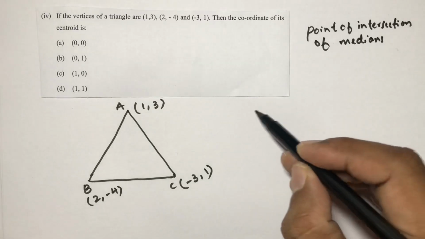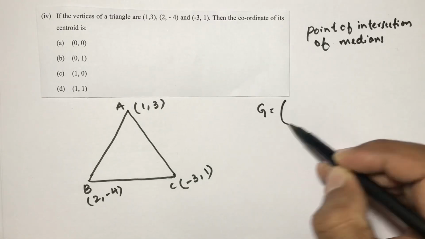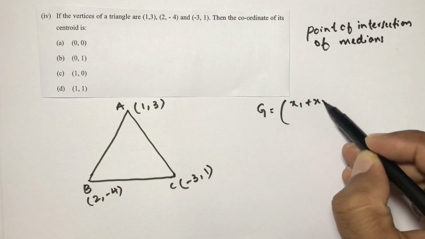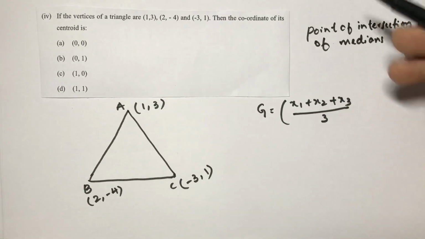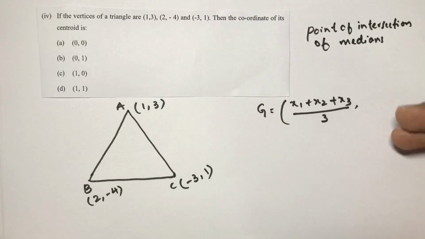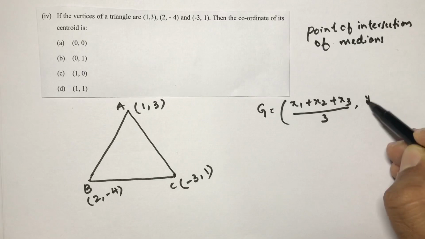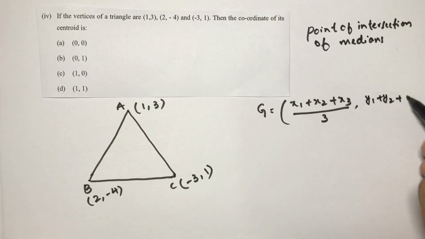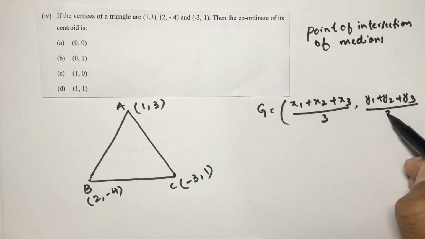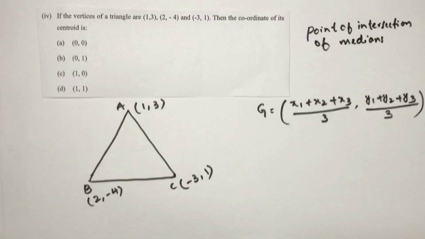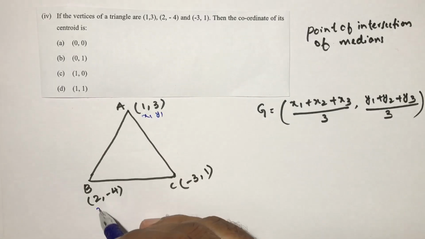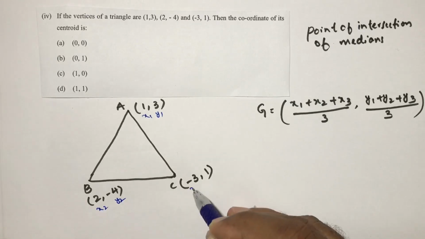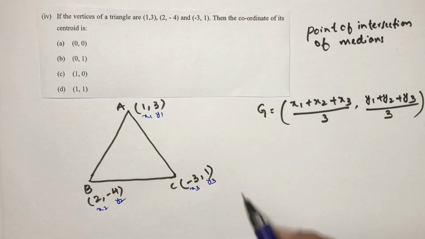Centroid, both are the same. So the centroid formula is ((x1 plus x2 plus x3) by 3, (y1 plus y2 plus y3) by 3). Here you can consider the first one as x1, y1, then x2, y2, and x3, y3.